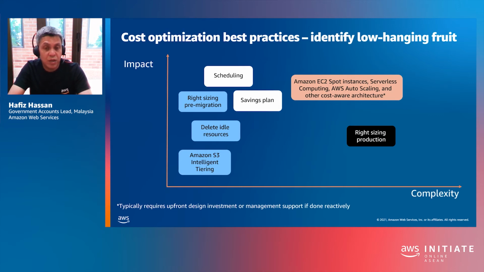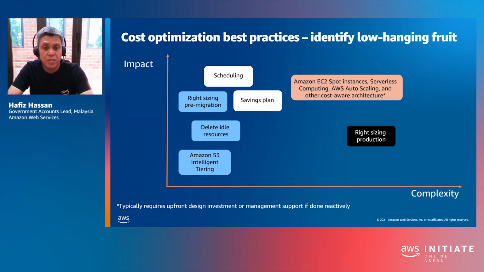So you may want to use a scheduler to start your servers early in the morning and shut down the servers maybe close to midnight. So that will avoid the dev and test servers running 24/7.